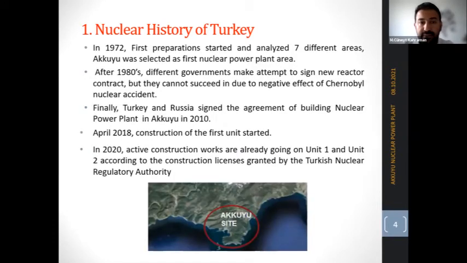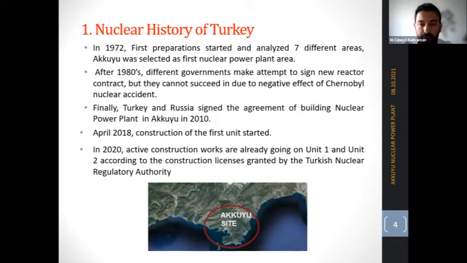And in 1972, 7 different areas were determined, and Akkuyu was selected as the first nuclear power plant area. But during that time, because of some political reasons and also the negative effect of the Chernobyl nuclear accident, the projects were not implemented, and many years passed.